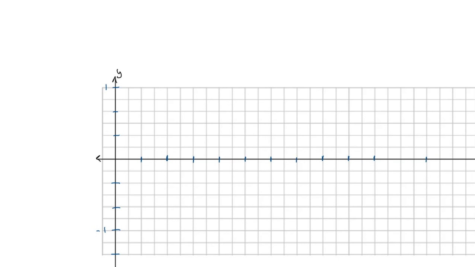So 1 pi by 12, 2 pi by 12, 3 pi by 12, 4 pi by 12. That's not what I want to do, sorry. 1, 2, this is pi by 6. Pi by 3.